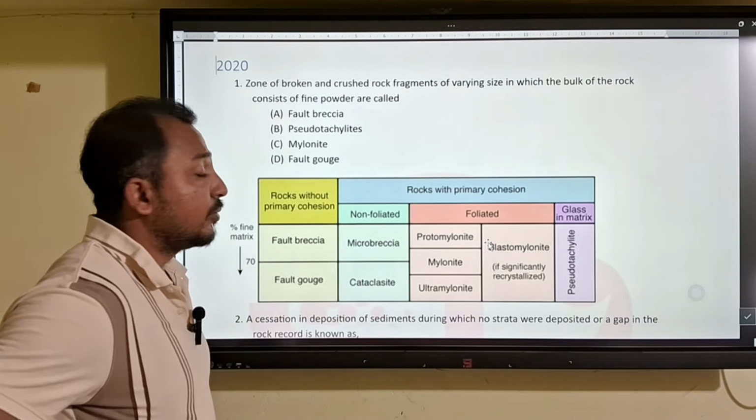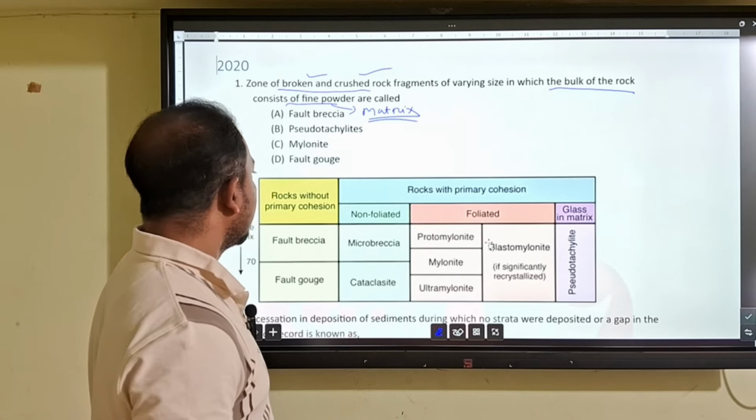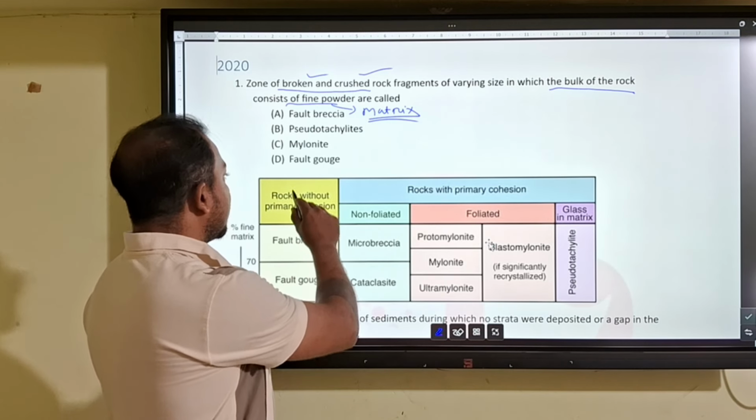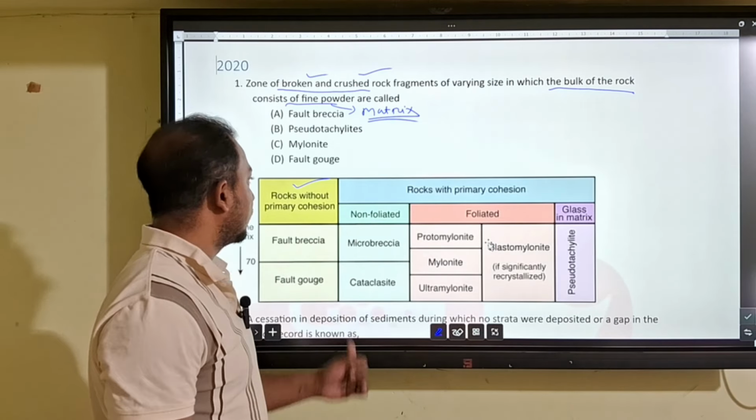So this is the table that indicates different types of rock found in a faulted zone. They are basically classified into two types: rock without primary cohesion and rock with primary cohesion. Your fault breccia and fault gouge are rock without cohesion.